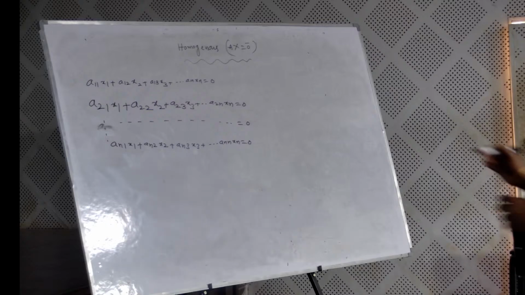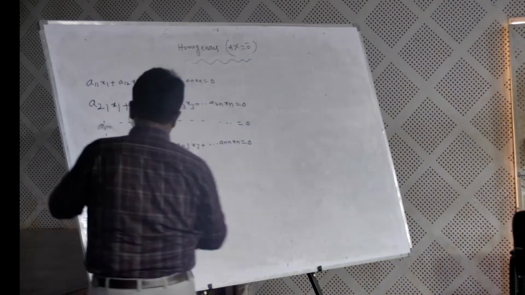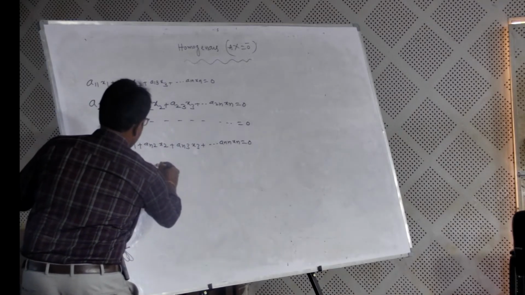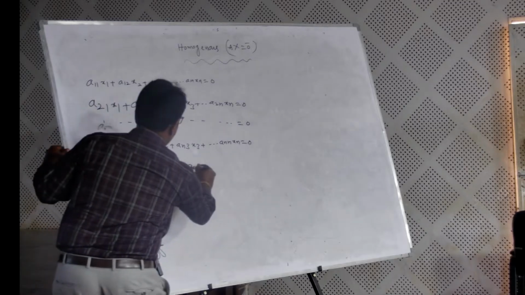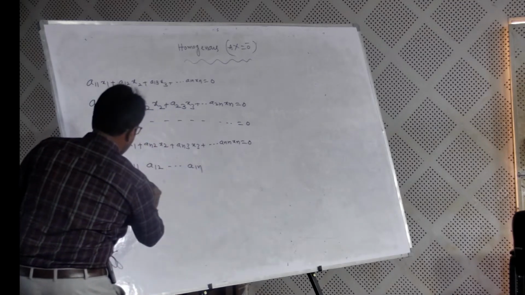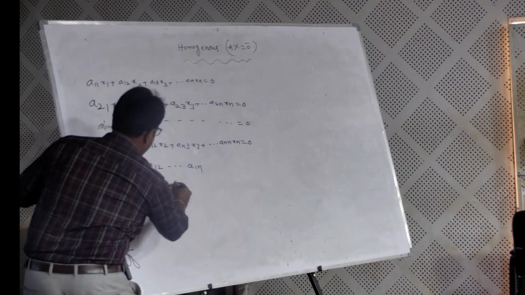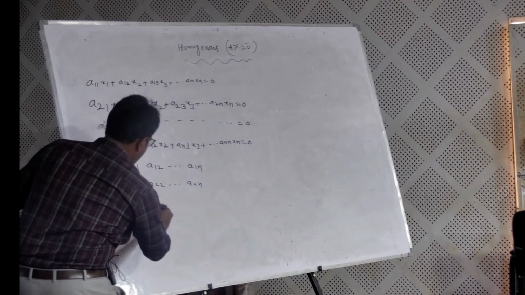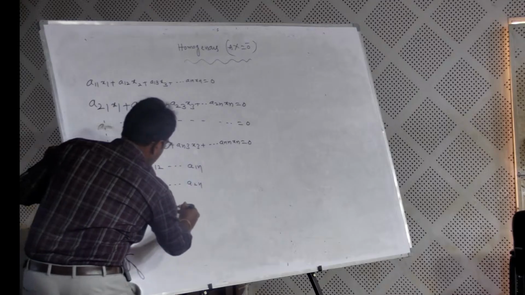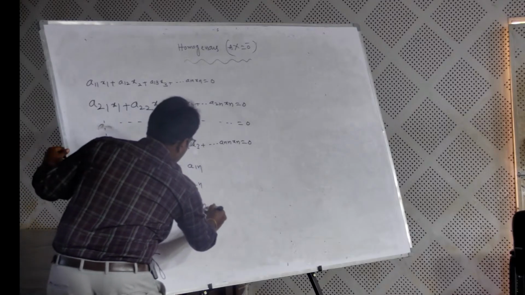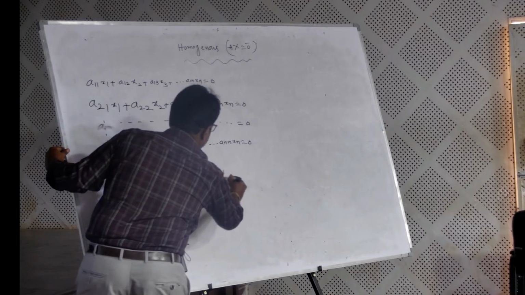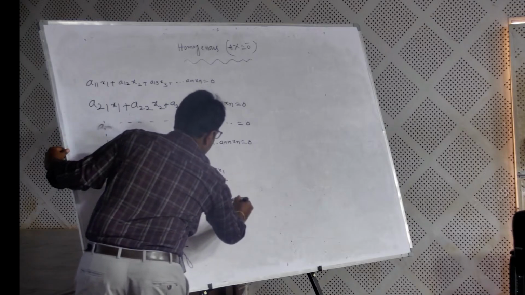Can you express this in terms of a matrix? Yes. A11, A12, A1n, A21, A22, A2n, An1, An2, Ann, times X1, X2, Xn.